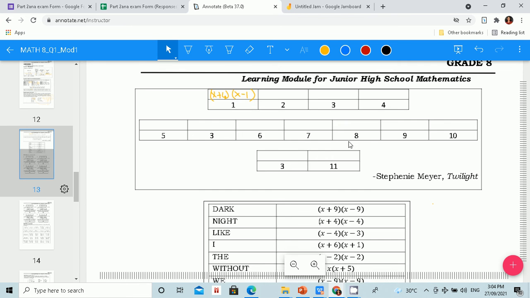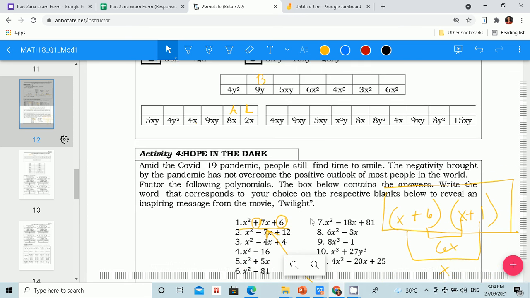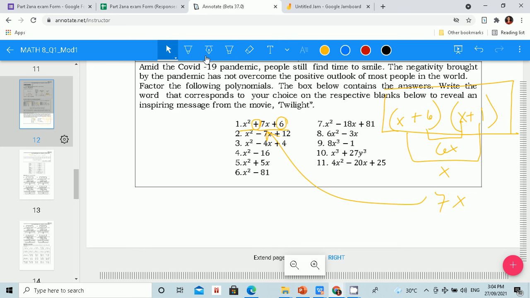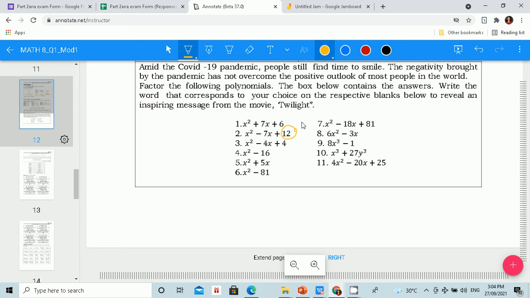Now let's go to number 2. Let's factor number 2 so that we will unlock the message. We have x squared minus 7x plus 12. What is the factor of 12?